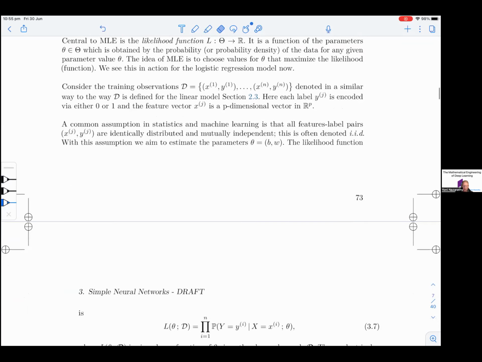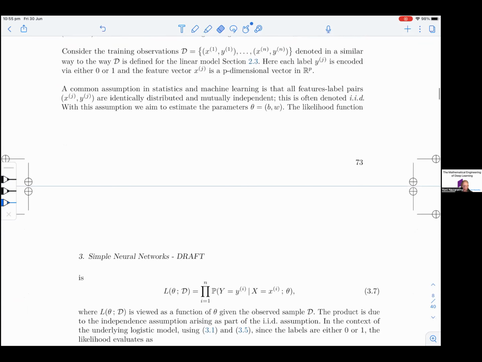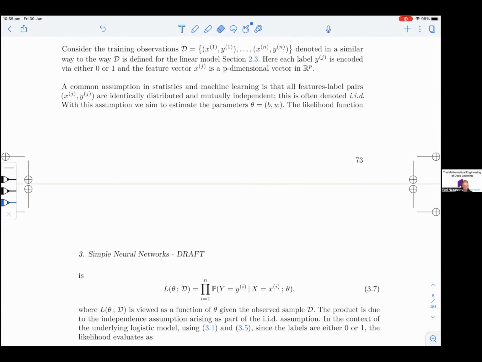Consider the training observations, D, which are x1, y1 up to xn, yn, denoted in a similar way to the way D is defined for the linear model in section 2.3. Here, each label yj is encoded via either 0 or 1, and the feature vector xj is a p-dimensional vector in R^p.